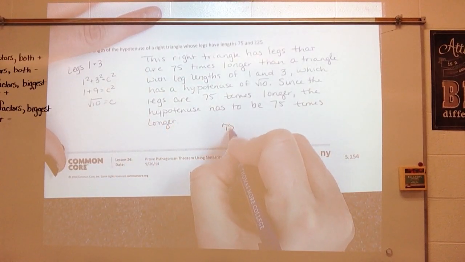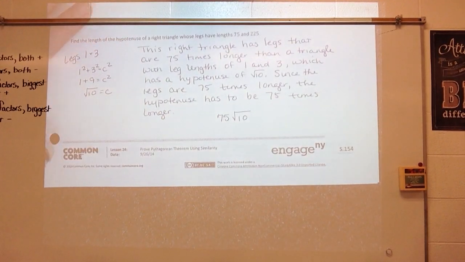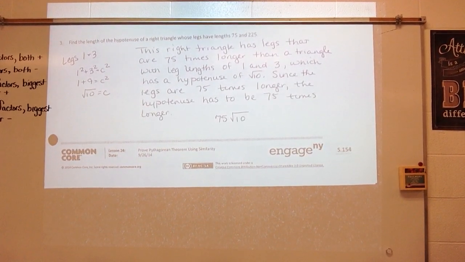So my hypotenuse is going to be 75 times the square root of 10, or 75 square root of 10. Okay?